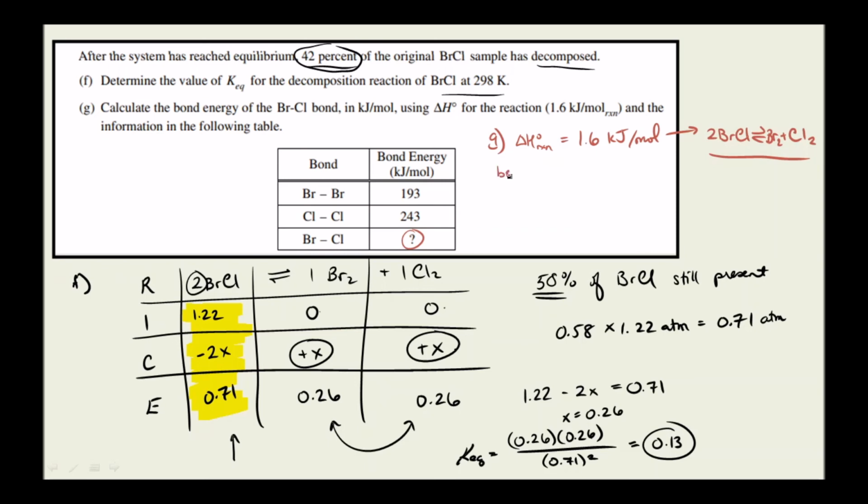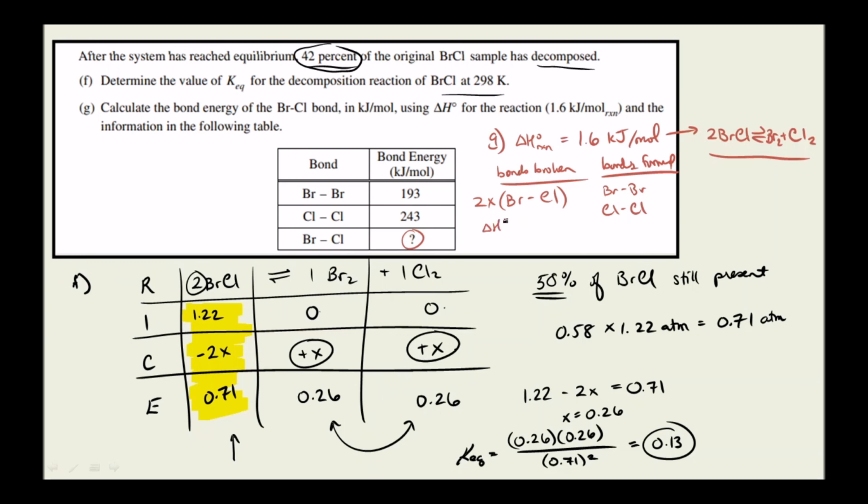So if we look at bonds broken and bonds formed, the bonds broken, that's the BrCl. How many? 2 BrCl bonds. Bonds formed, we have a Br-Br and a Cl-Cl, one each.